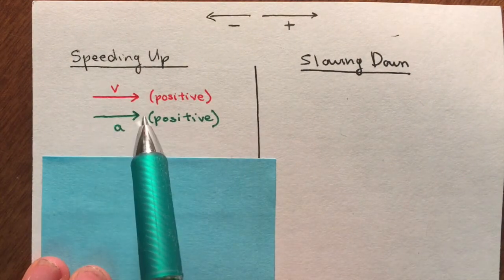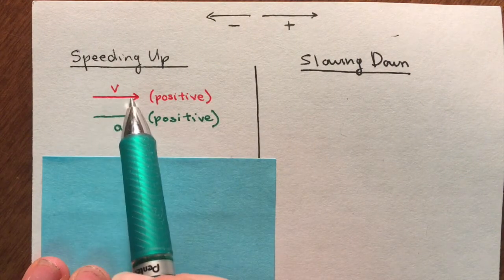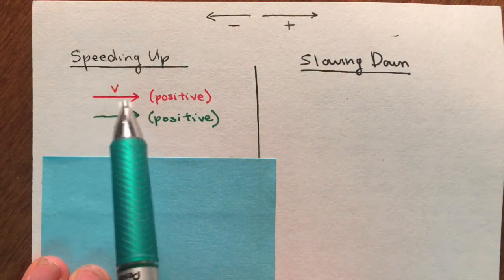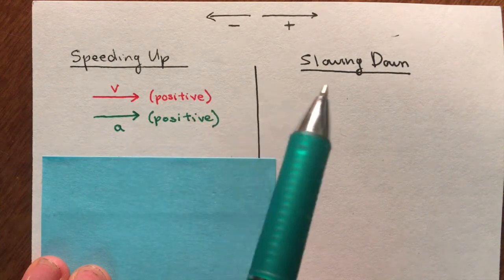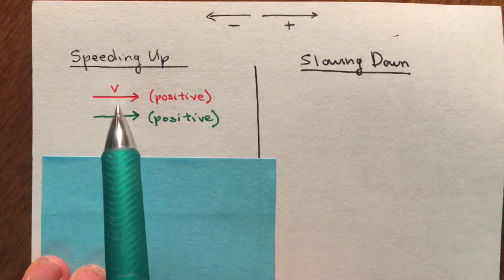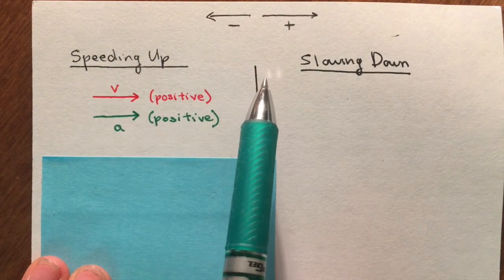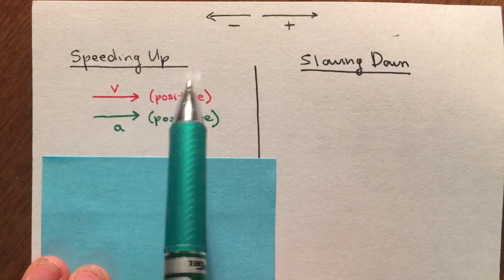The acceleration is pointed in the same direction as the speed. So, because both the acceleration and the speed are pointed in the same direction, the object is speeding up. In this case, the object is speeding up in the positive direction. Its velocity is getting more and more positive.